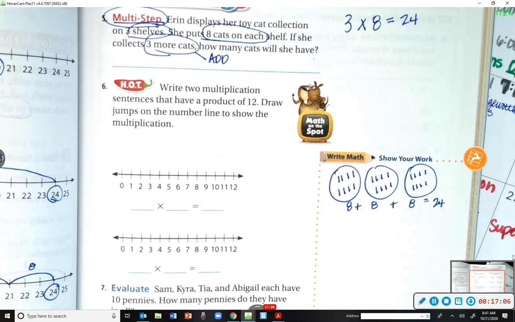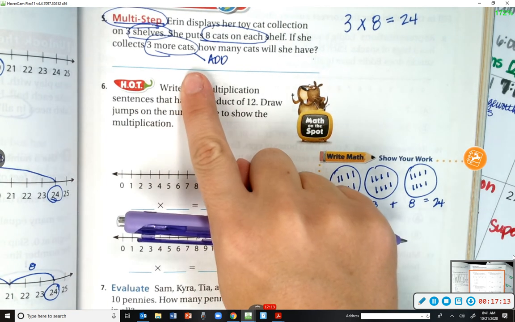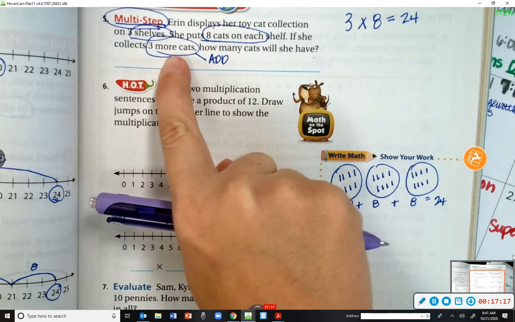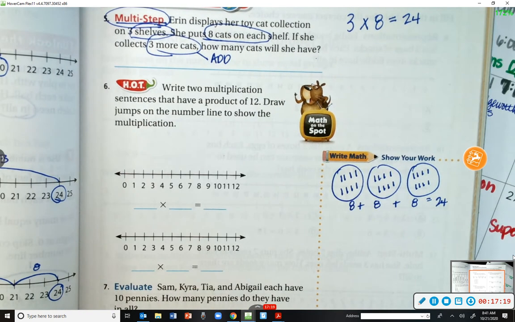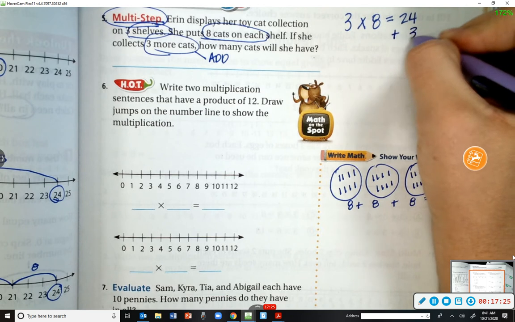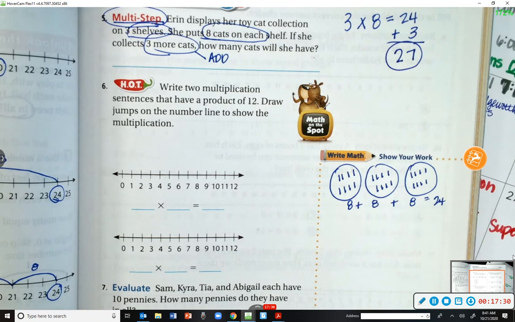Now I need to find how many cats she has in total. What about this part right here? Yes, we need to figure out how many cats total, but she has 3 more cats that she put on the shelf. So what do I need to do with those 3 cats? Add them. So 24 plus 3 is 27. Okay.